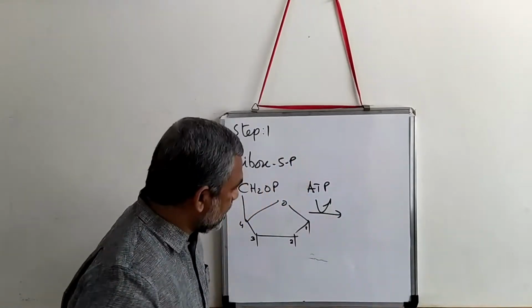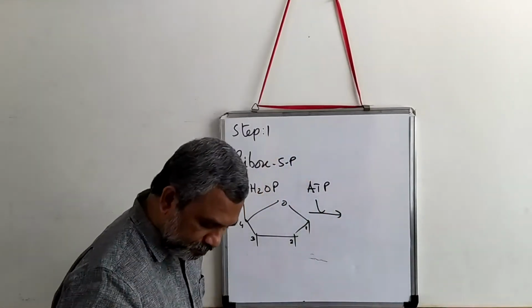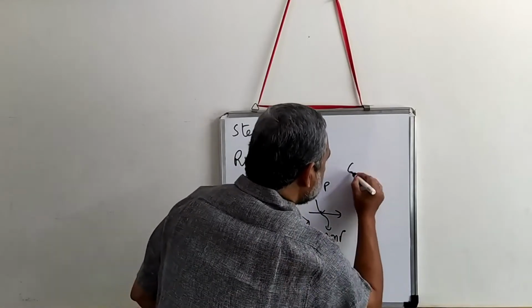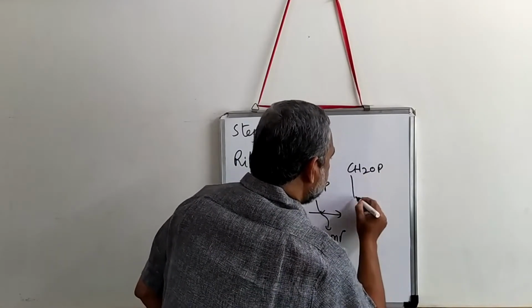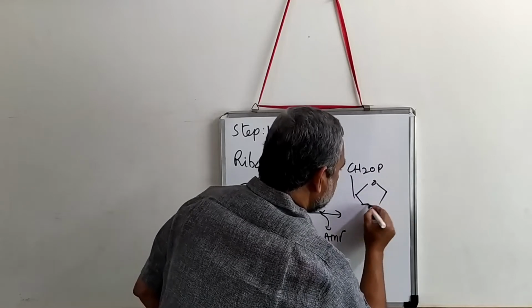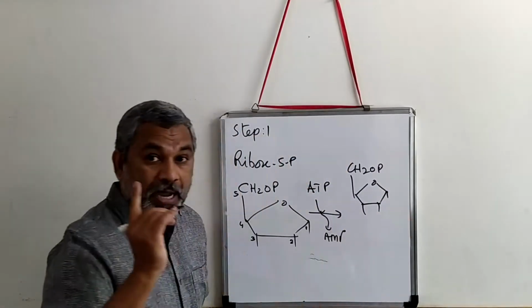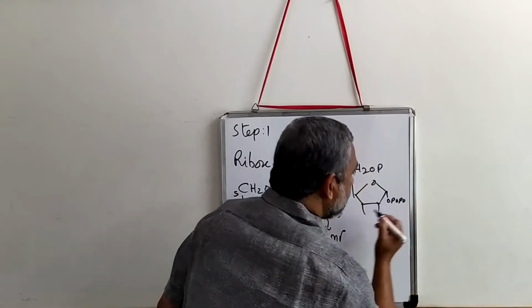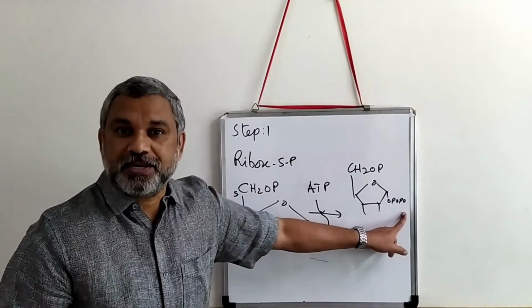I am drawing the AMP here. So this is the structure. At position number 1, a pyrophosphate is added, 2 phosphate groups.